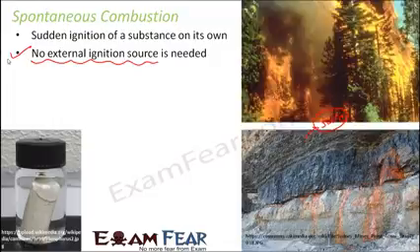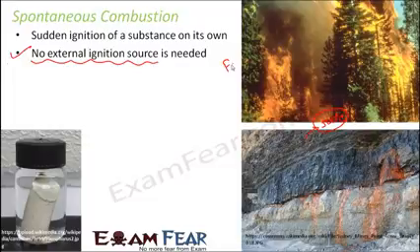Another example is forest fires. You would have seen that dense forests often catch fire on their own when the temperature becomes very high. There also, when the temperature increases too much, plants tend to catch fire.